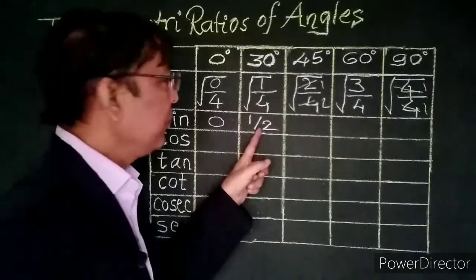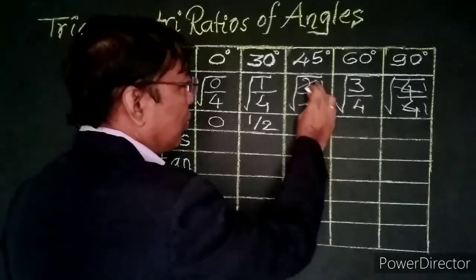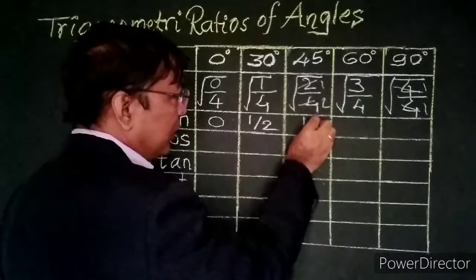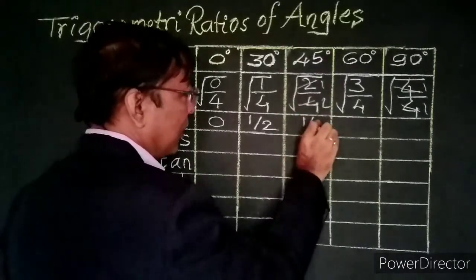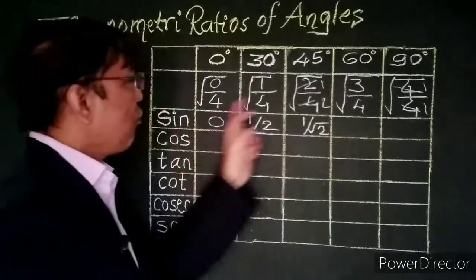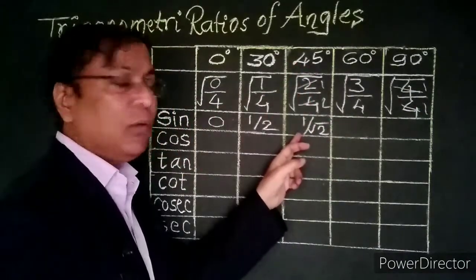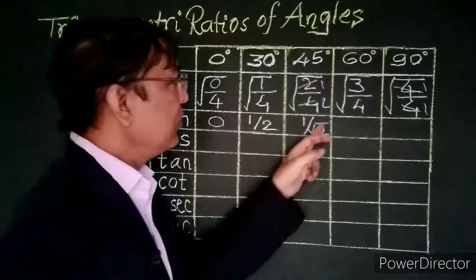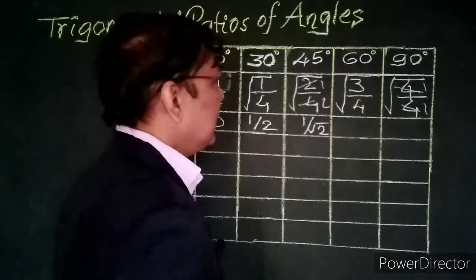That is half. Now square root of 1 is 1 and square root of 2 is not possible. 2 remains in the square root sign. Therefore, sine 45 degree has the value 1 upon square root of 2. Now, sine 60 degree.